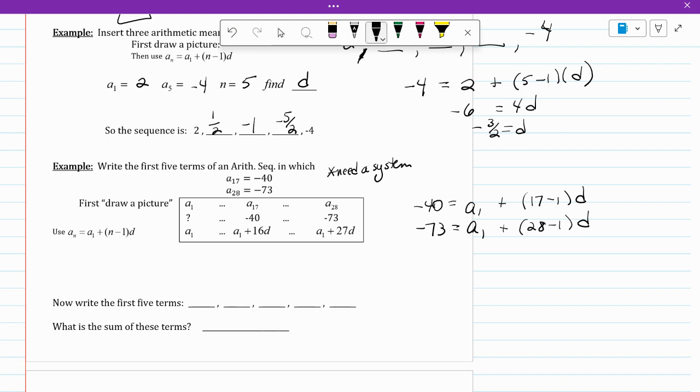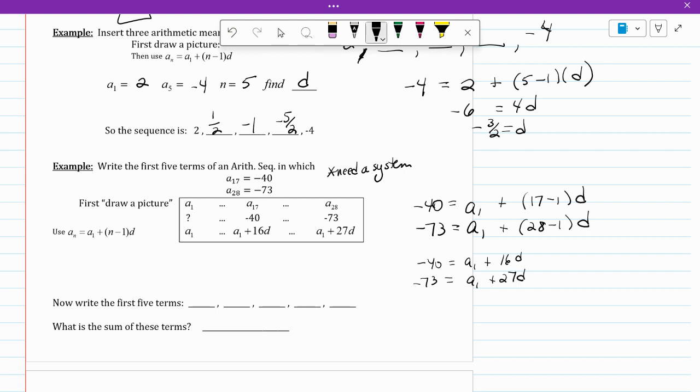So I have a system I need to set up. So let's see. I can do negative 40 equals a sub 1 plus 16d, and negative 73 equals a sub 1 plus 27d.